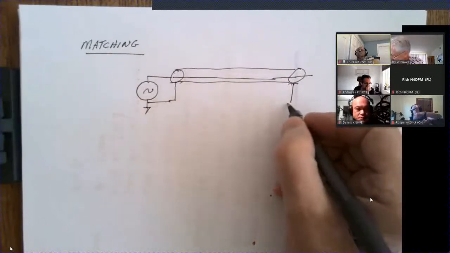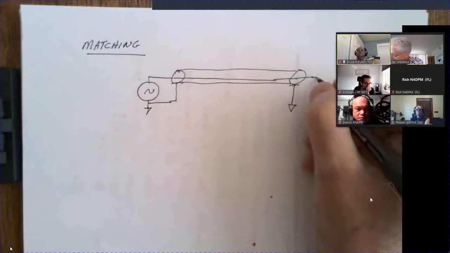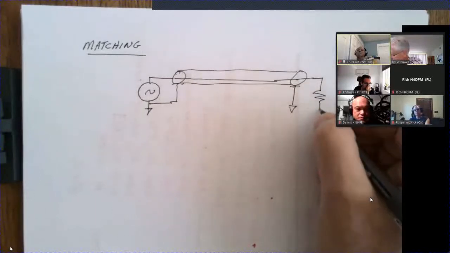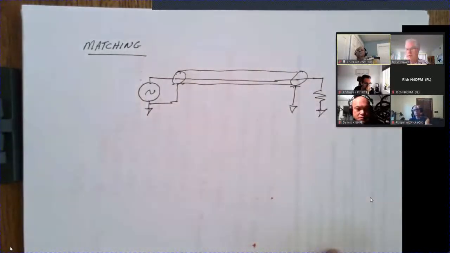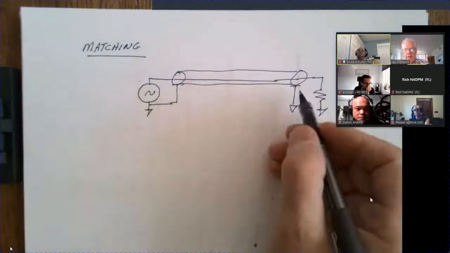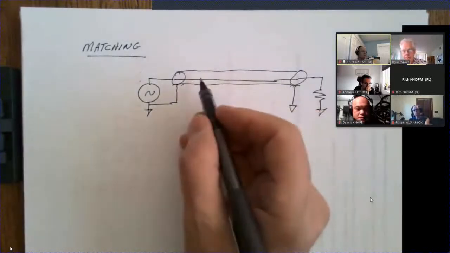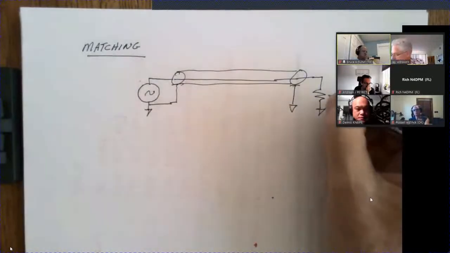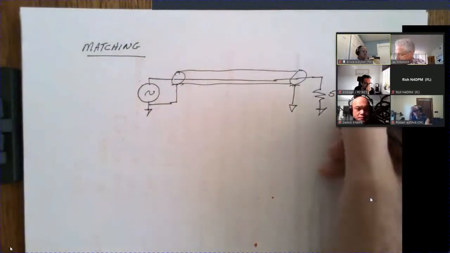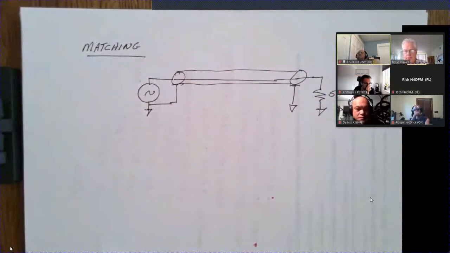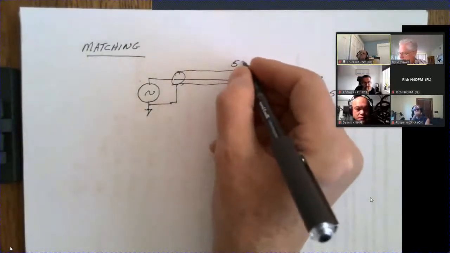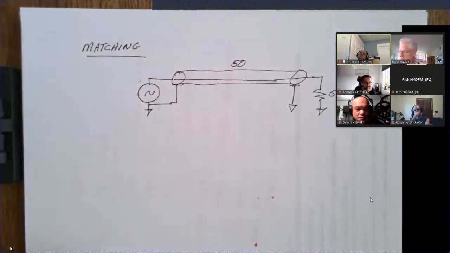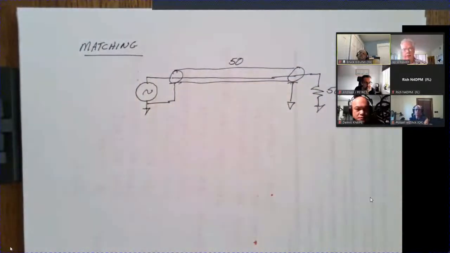And we want to deliver this to some kind of load. This generator here, we want to generate a lot of power, and we want the maximum amount of power to go in that load. Well, it turns out that if this load is 50 ohms and this cable is a 50 ohm cable, that means you'll have maximum power delivered. You won't have any reflections.